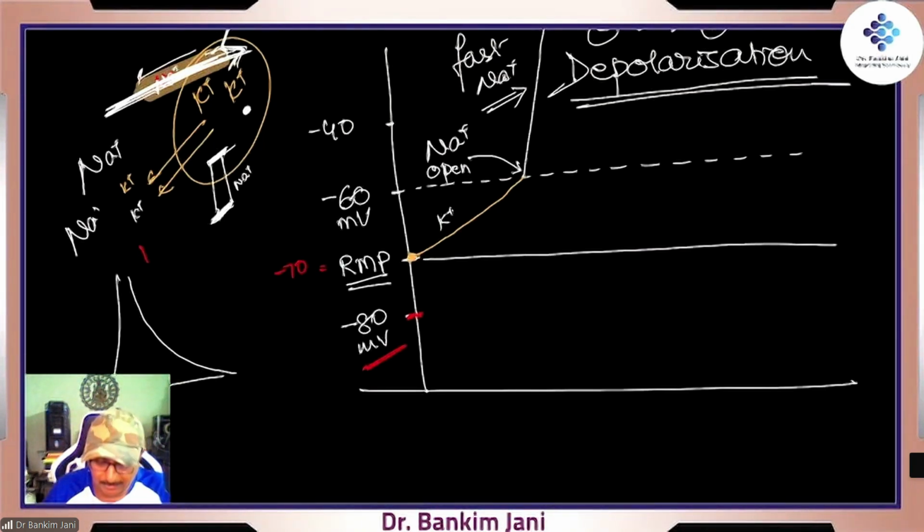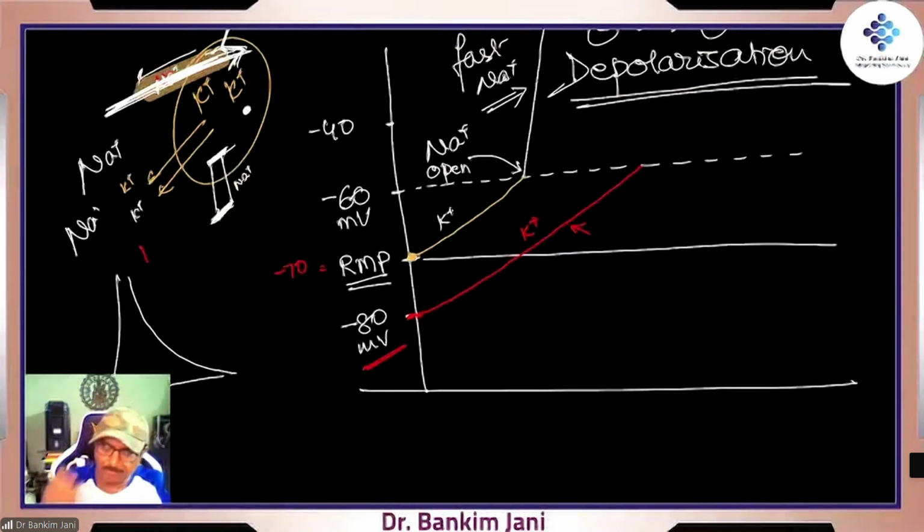What would happen? It will take more time to reach this level. But obviously, more time, more effort it will take, because sodium will say, until minus 60 volts comes, don't even talk to me, I'll not function. So it is the function of this potassium.